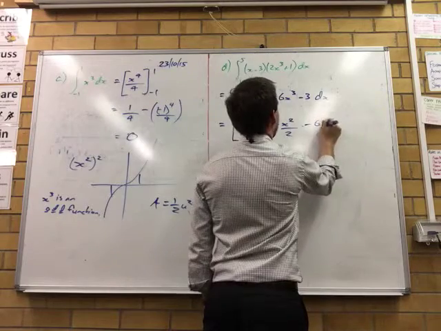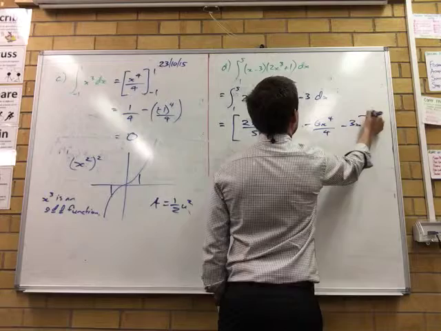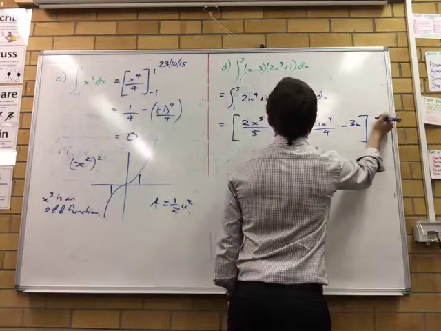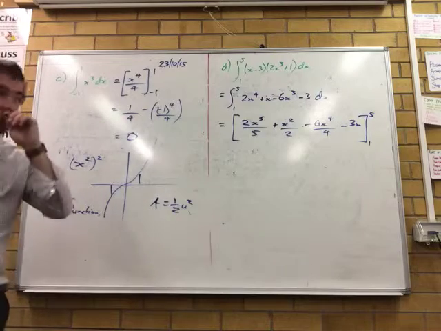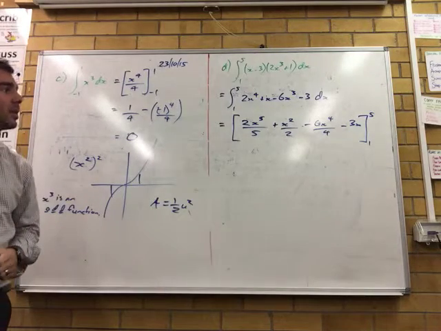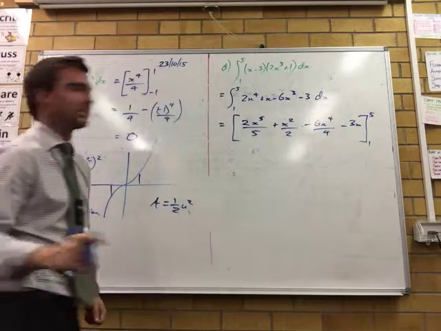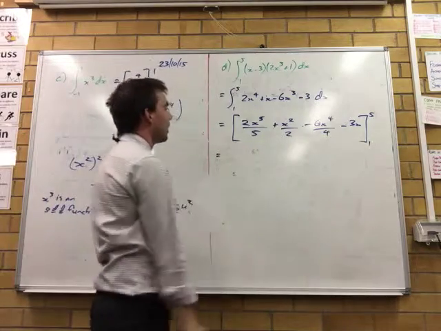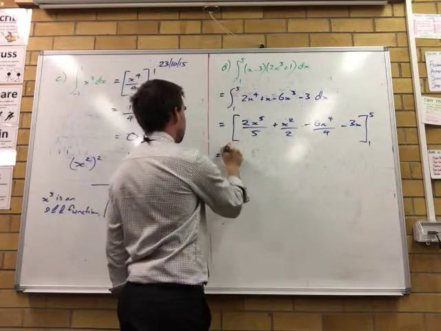Take away 6x^4 over 4, take away 3x. And your endpoints of integration go there. So, a little bit involved here. This is going to take a little while.